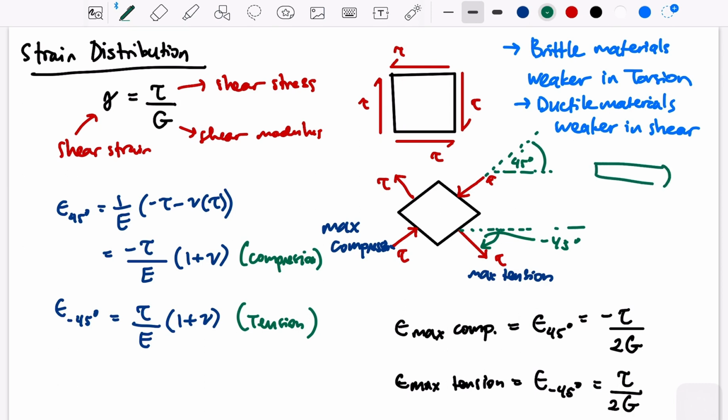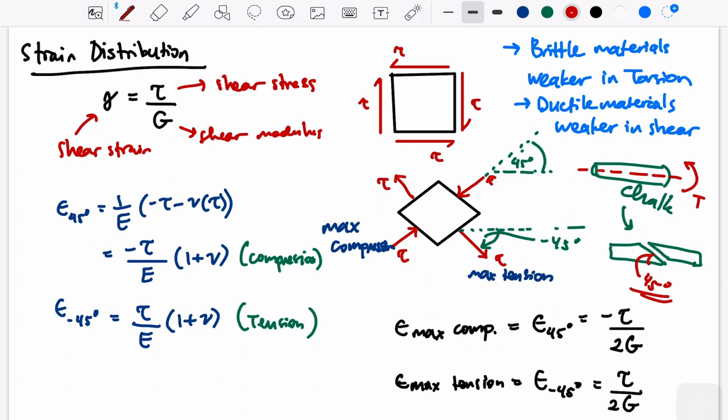So imagine that this is chalk, and you give it torsion. You will see that it will be broken like this, and this angle here is 45 degrees, and you can prove that.